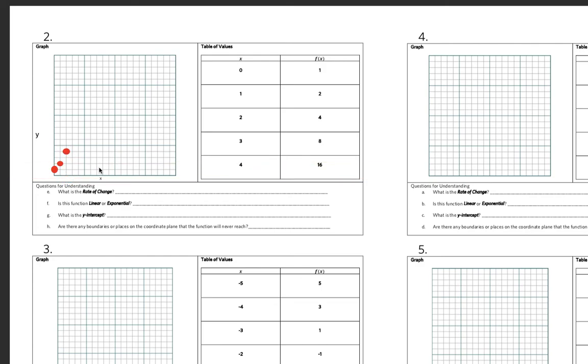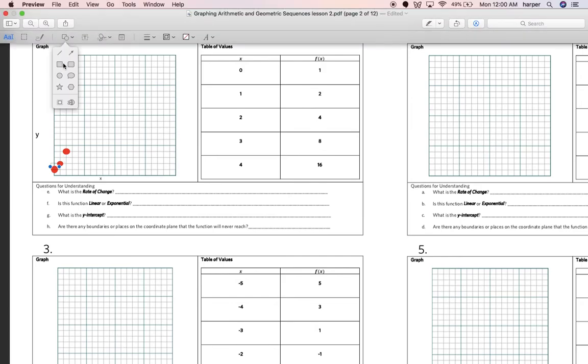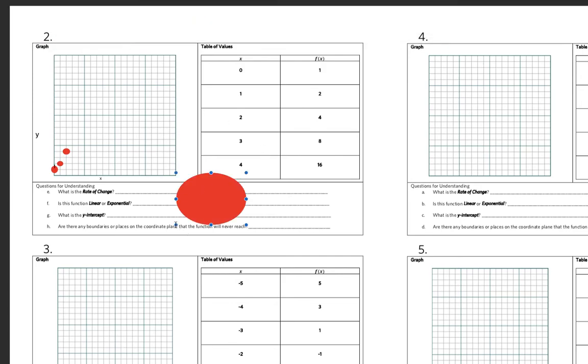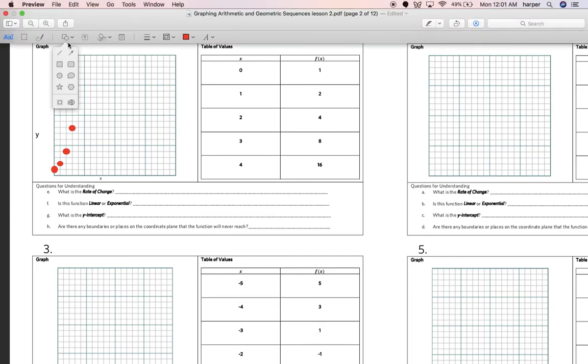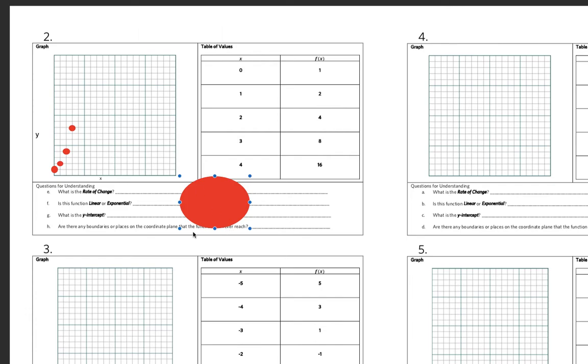If you notice, we did kind of a jump there. That should give you an idea of whether this is linear or exponential. Now when x is 3, y is 8. Look at this, we jumped a lot. We're growing really fast.